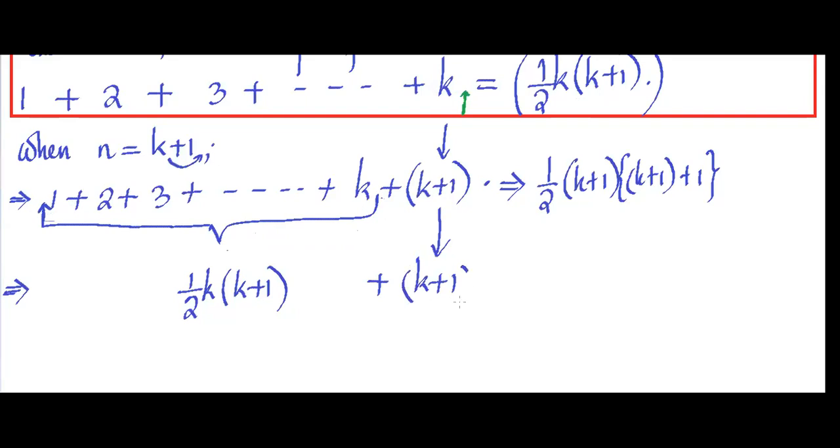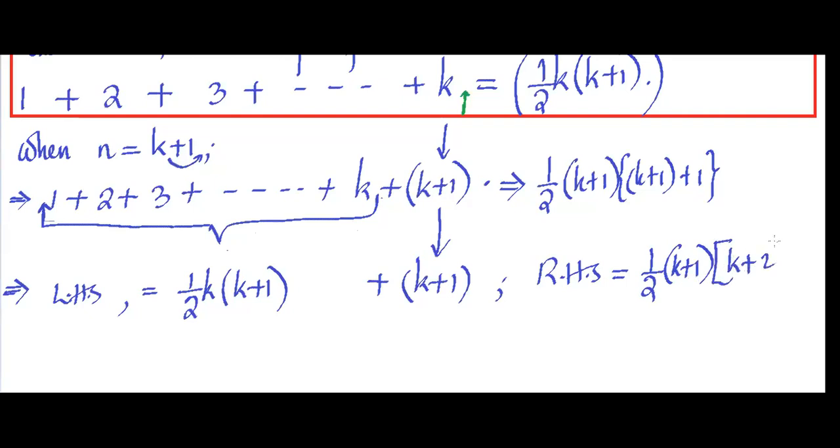So what is left is to see that these two sides balance. This is the left-hand side, which must balance with the right-hand side for n equal to k plus 1. And that will confirm that the proof holds at n equal to k plus 1. On the other side, we should get k plus 2.